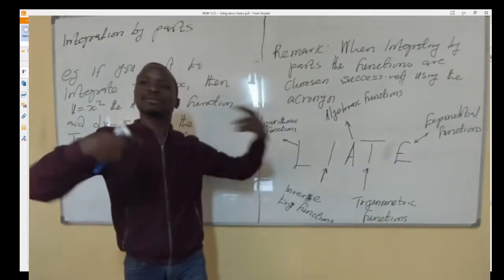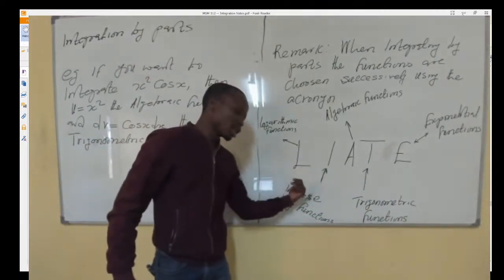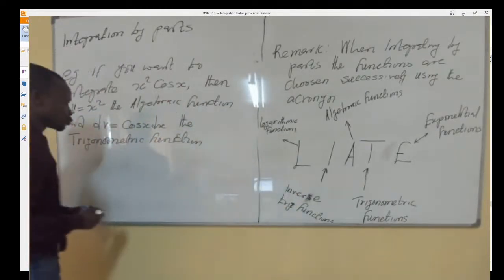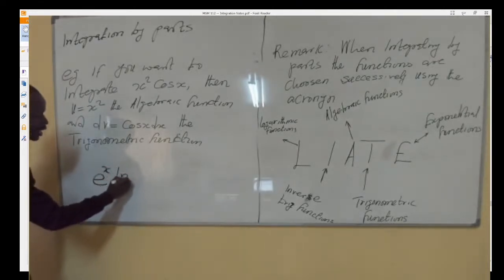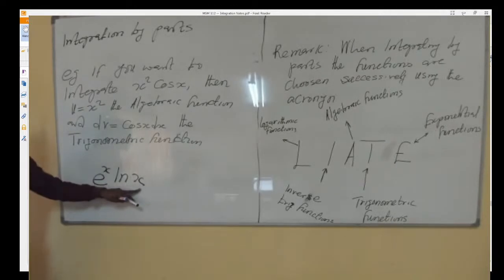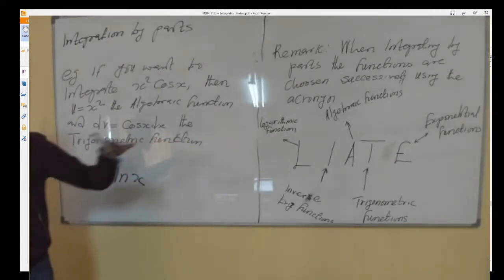If you have an exponential function and a logarithmic function, then your logarithmic function like ln comes first. For example, you are given a function like e to the power x times ln x. ln x is a logarithmic function, but e to the power x is an exponential function.